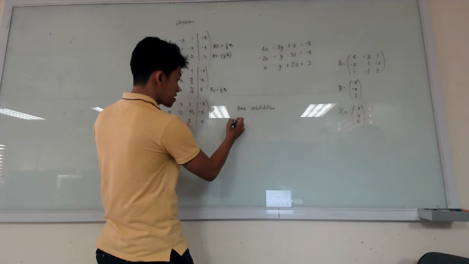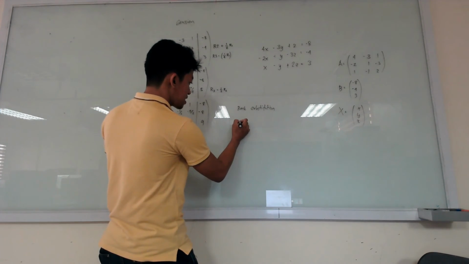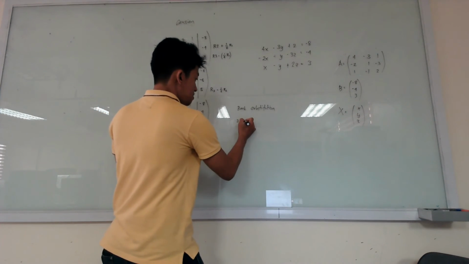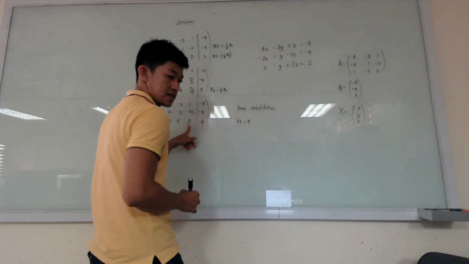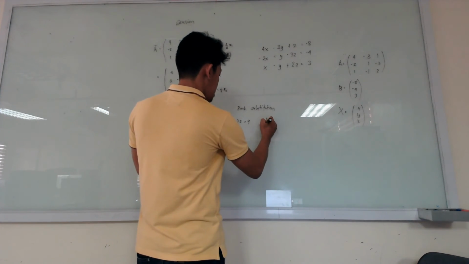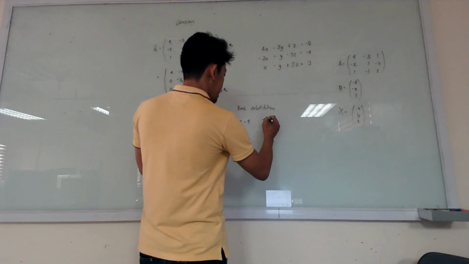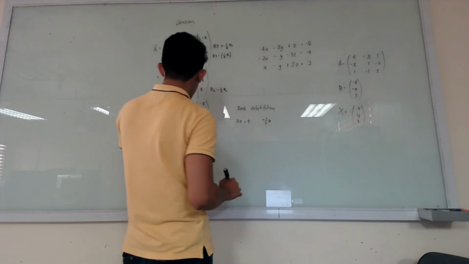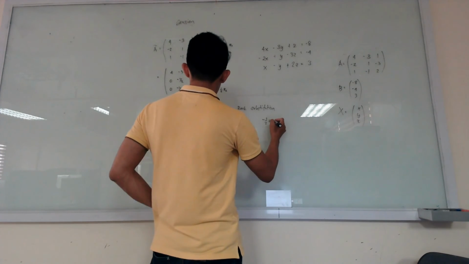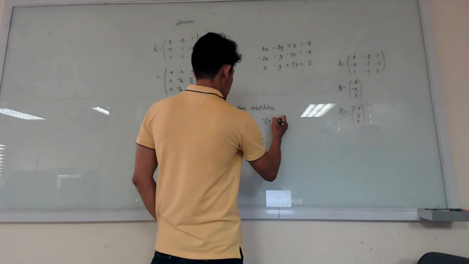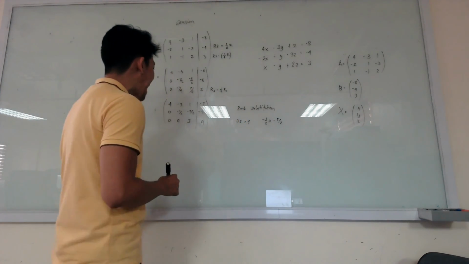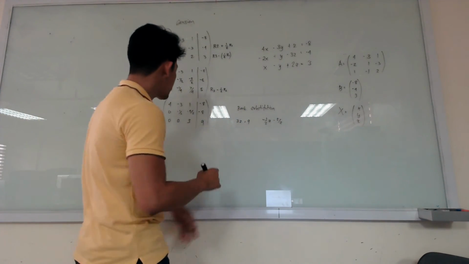So kani, this becomes 3z is equal to 9. Okay, kani negative 1/2 y minus 5/2. Okay, ganyan sa ni pagkuha.